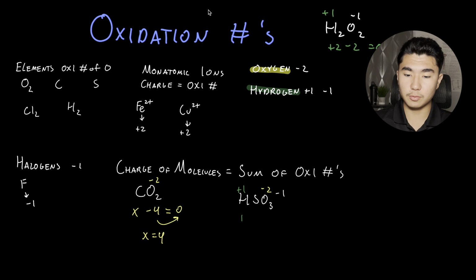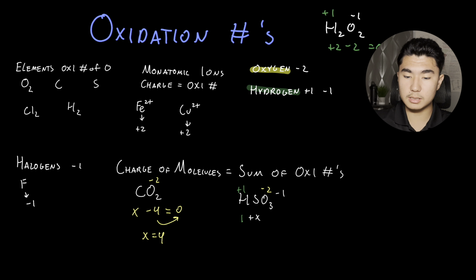So if we write this equation, it's going to be 1 plus X plus 3 times -2 equals -1. Now the reason why I put a 3 over here is because we have 3 oxygens.